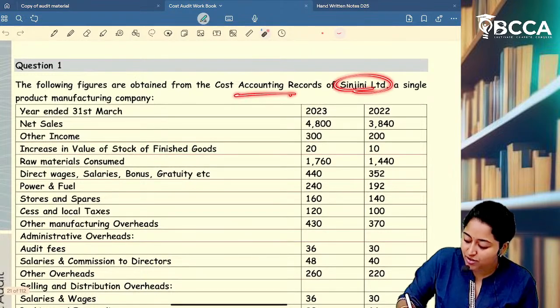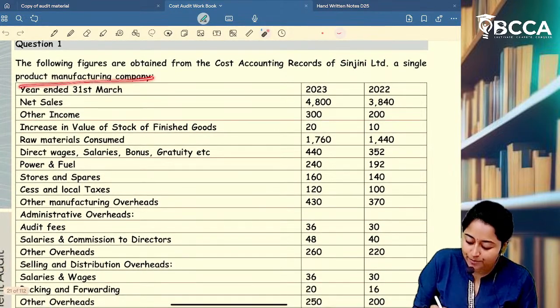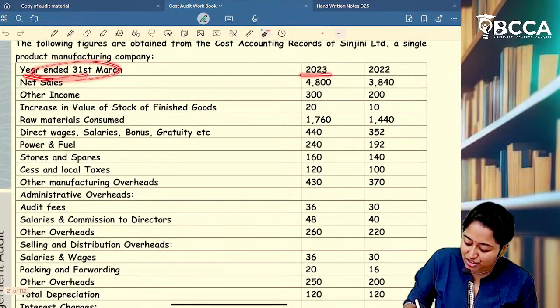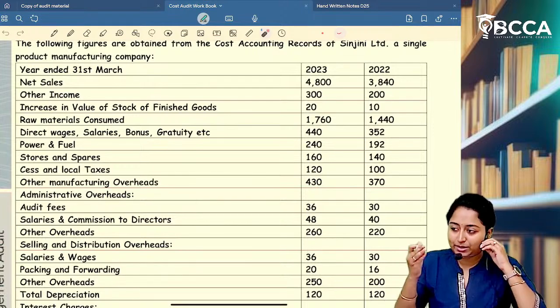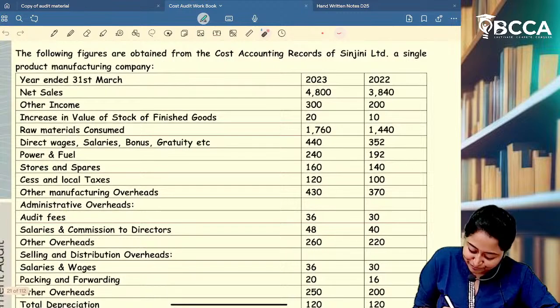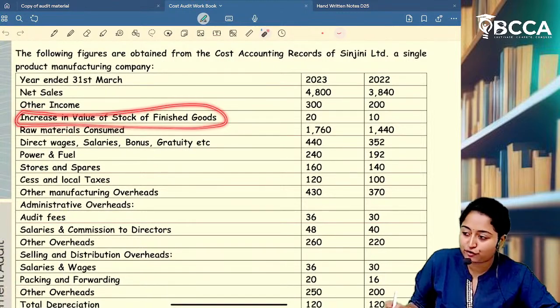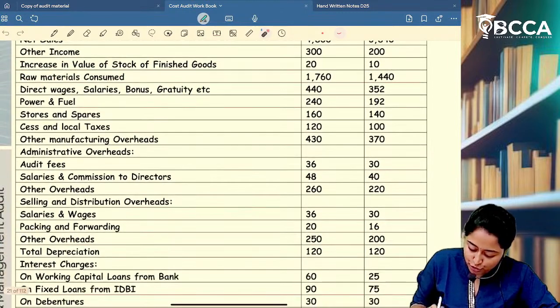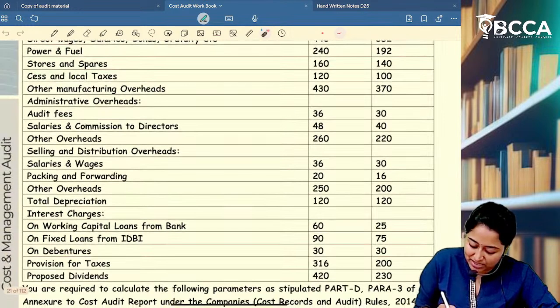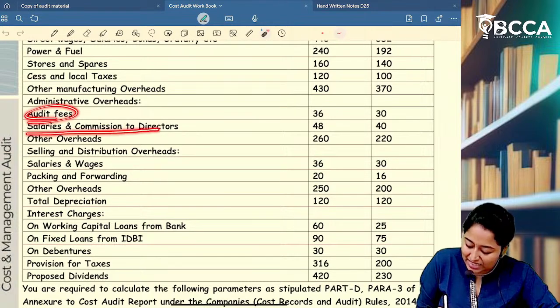Cost accounting records of Sinjini Limited, a single product manufacturing company. Year ended 31st March, 2 years data is given to us, 2023 and 2022. Net sales, other income, increase in value of stock of finished goods, raw materials consumed, direct wages, salaries, bonus and gratuity, power and fuel, stores and spares, cess and local taxes, other manufacturing overheads, administrative overheads, audit fees, salaries and commission to directors, and other overheads.